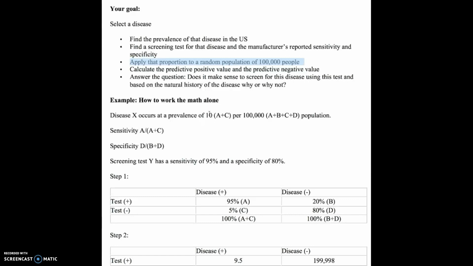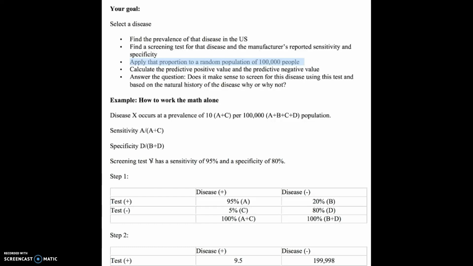That's the estimated prevalence. So A plus C, all people with the disease, is 10. Now, 100,000 is all people without the disease. So we're going to look at what that looks like in a second.